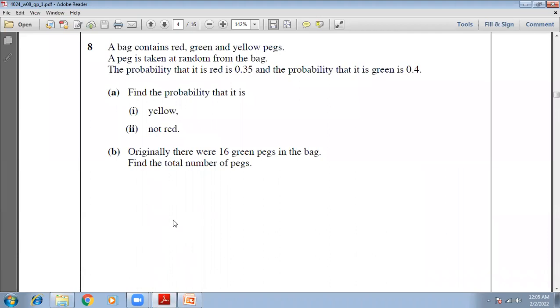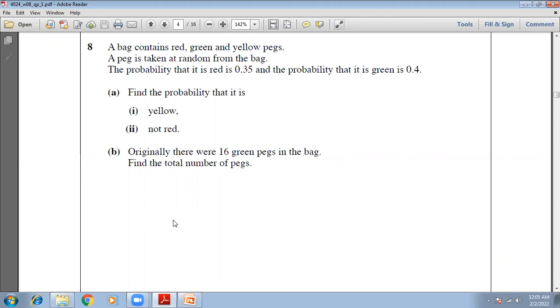Okay, so on your screen, question number 8 is showing up. A bag contains red, green, and yellow pegs. A peg is taken at random from the bag. The probability that it is red is 0.35, which means 35 by 100. And the probability that it is green is 0.4, which means 4 by 10.